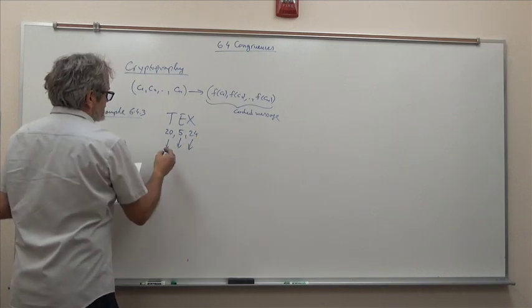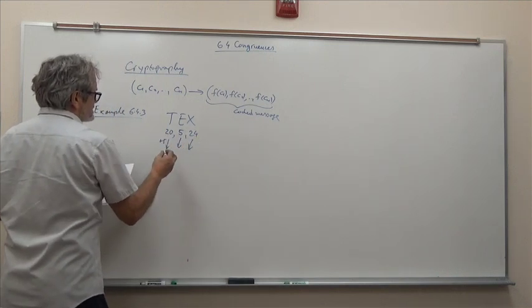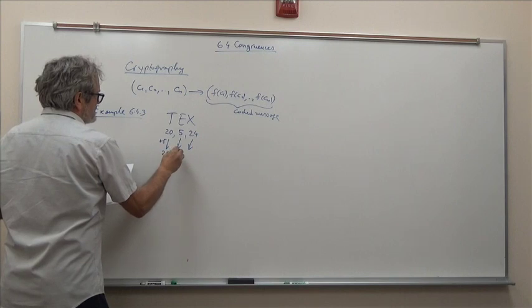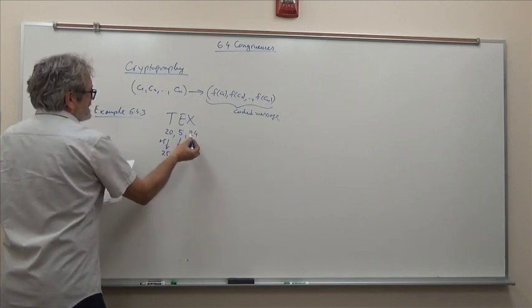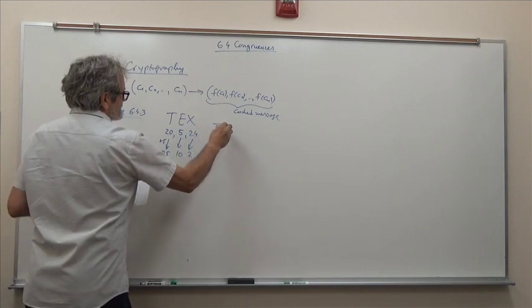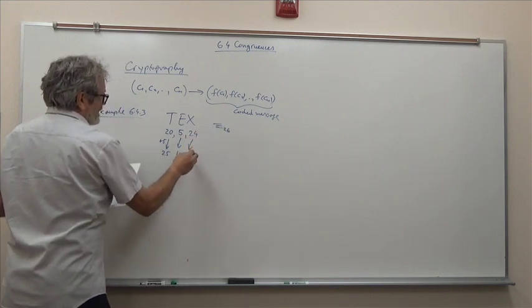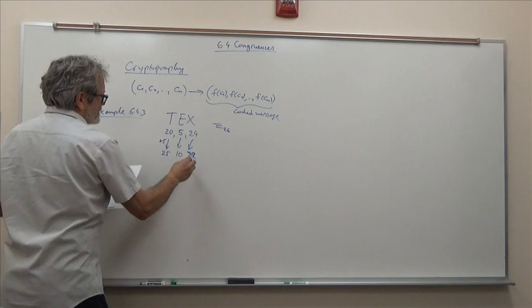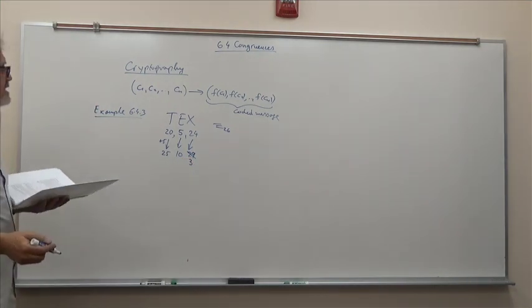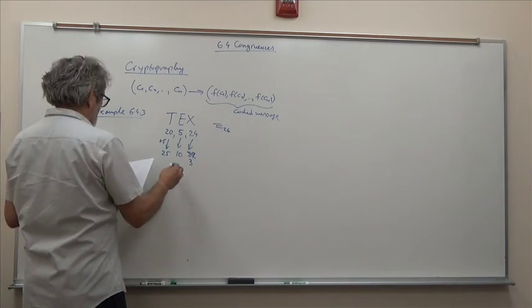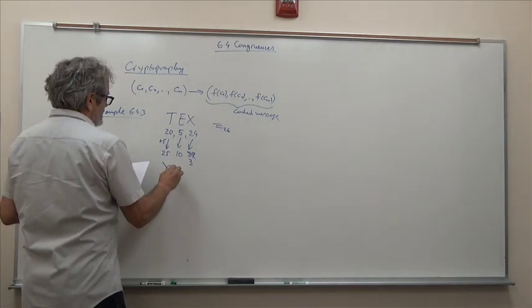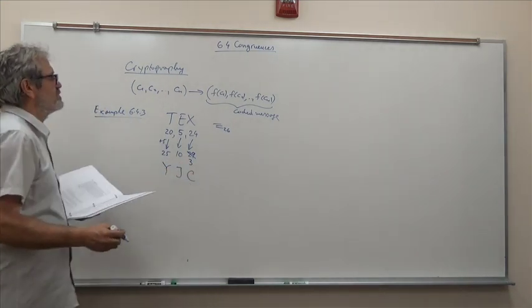That's Caesar's technique: 25, 10, 29, but we add modulo 26 because there are 26 letters. So 24 plus 5 will not be 29, that will be 3. So 25, 10, 3: if we look at the 25th, 10th, and 3rd letter, we get YJC. That's the coded word.